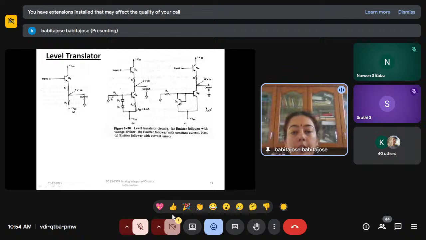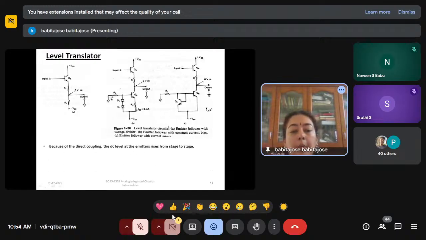The second one is an emitter follower with constant current bias, where two diodes are used instead of the resistor, which provides a constant current bias. In the third one, it is replaced with a current mirror, again an emitter follower with a current mirror which provides a constant current bias.